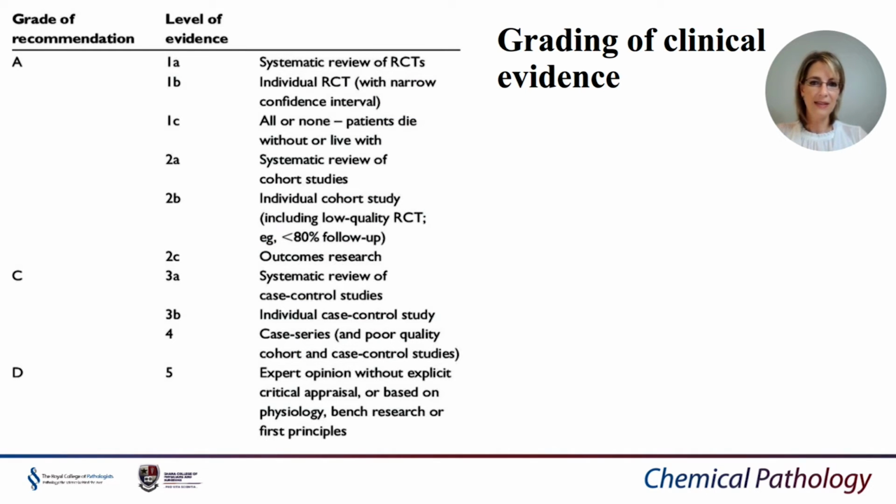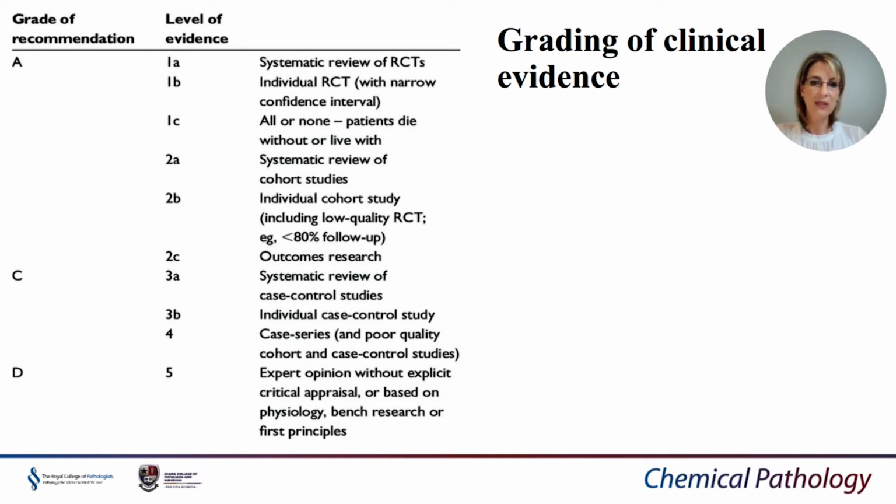And this then led to the grading of clinical evidence. So as we know, generally results derived from clinical trials start with a high level of initial evidence certainty, and those derived from observational studies with a low level of certainty, although exceptionally this may vary.